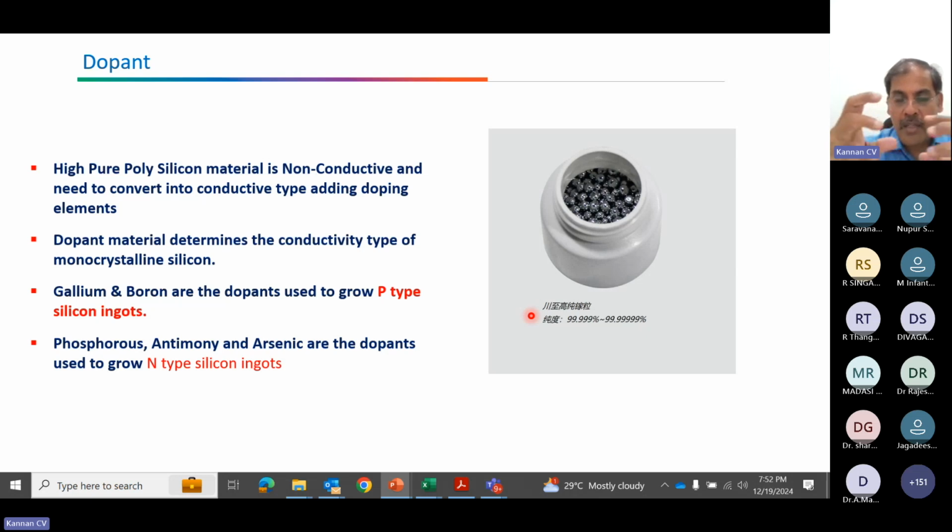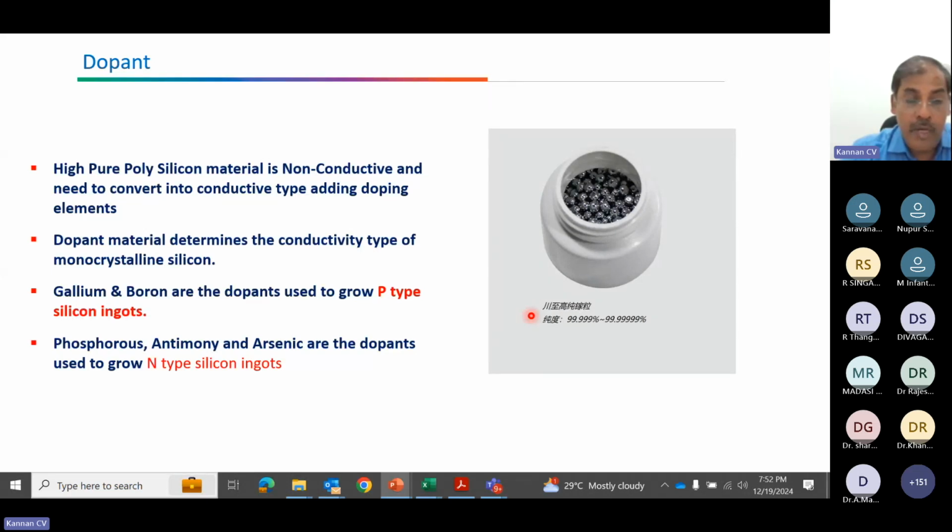By adding a suitable amount of P-type or N-type dopant, you can get the desired resistivity range across the length of the grown ingot. For P-type crystals, generally gallium or boron. Maybe 2 to 3 years ago, boron was the main dopant used for P-type ingot crystals.